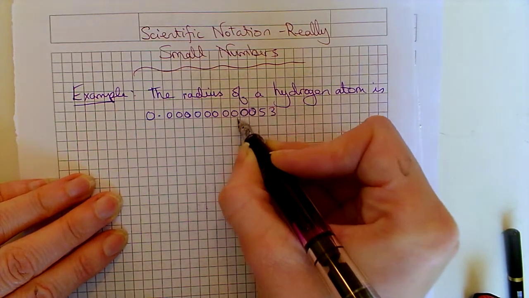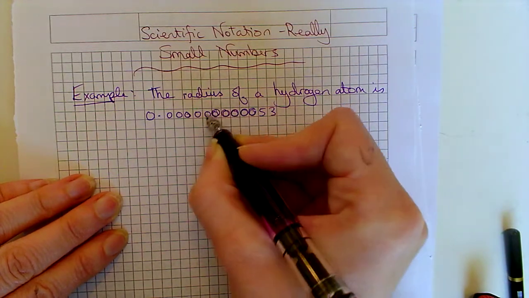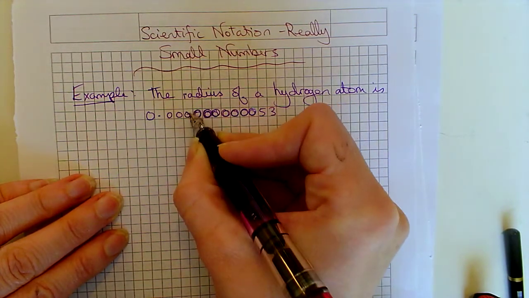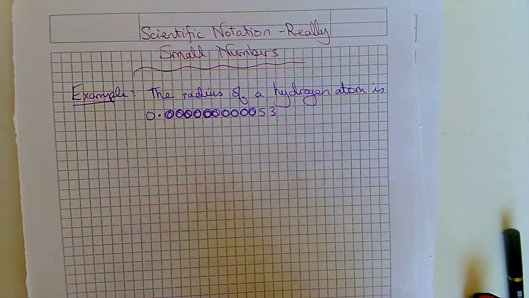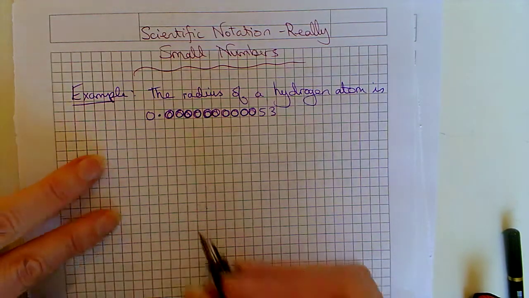So make sure you've got the same number of zeros in there as me. These are really hard to read, especially when they're decimals, we don't have the commas like we do for the really big numbers.